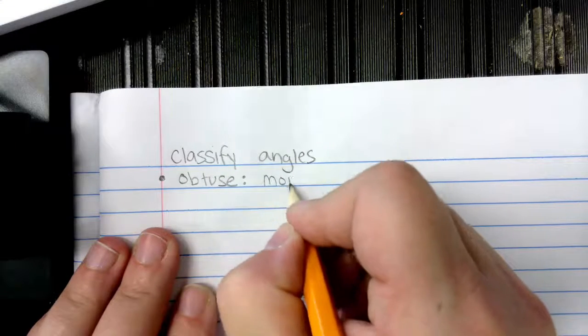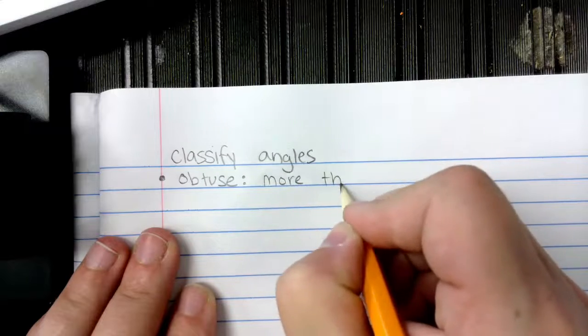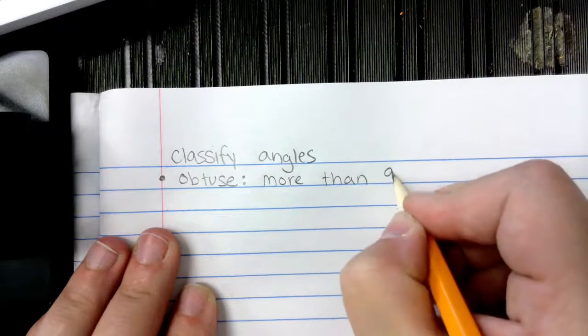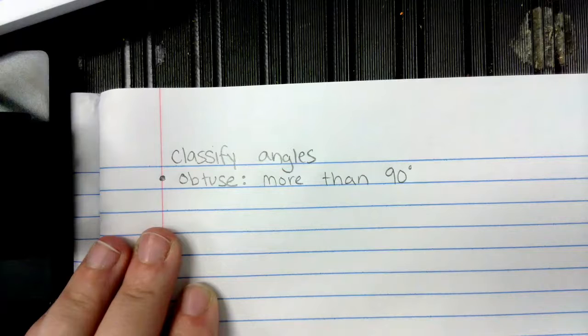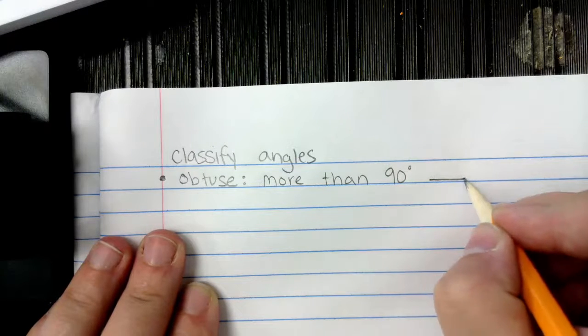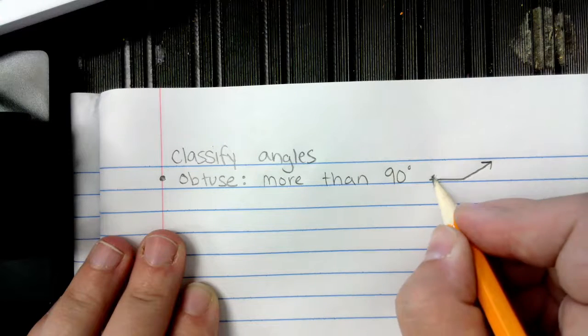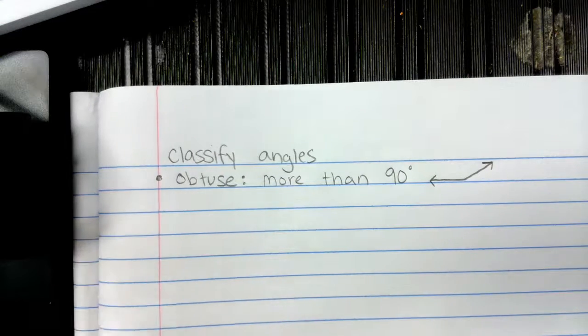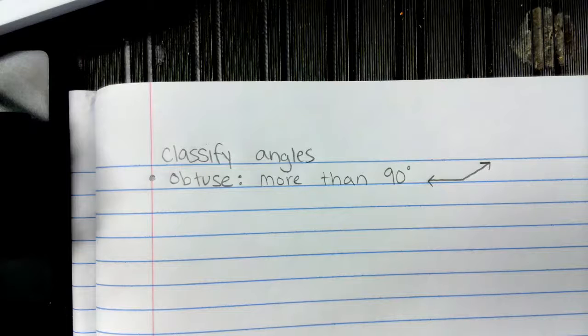So I'm just going to write more than 90 degrees. So it looks like something like that. It could be a lot of different places, but that's one of the places.